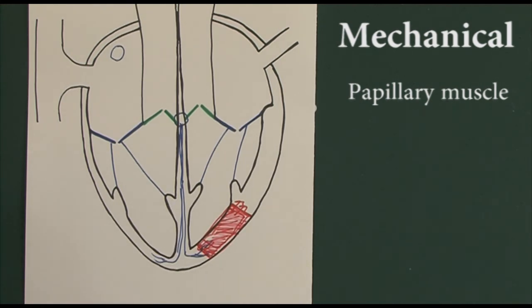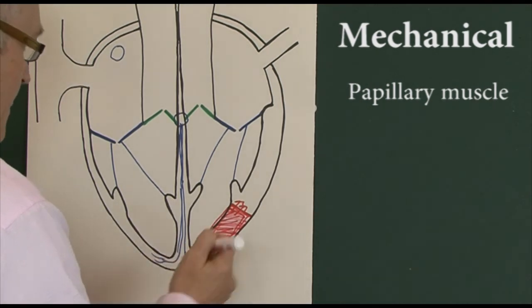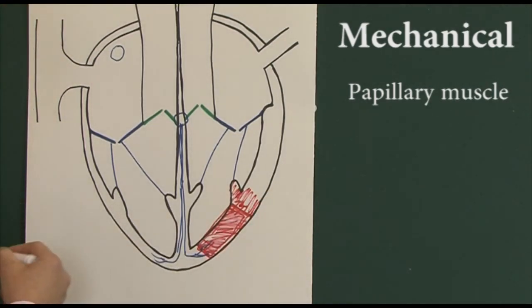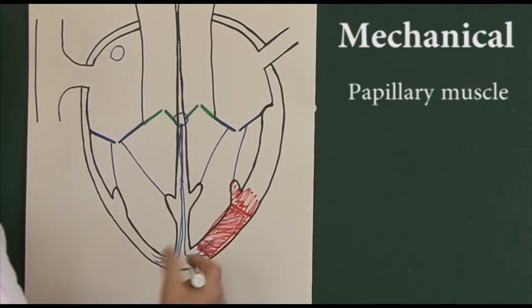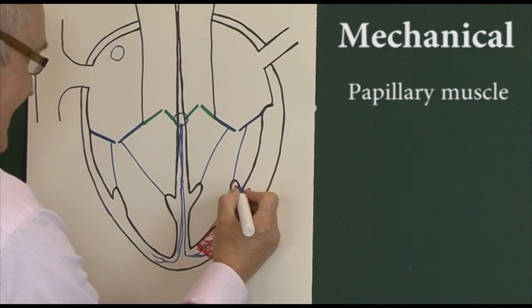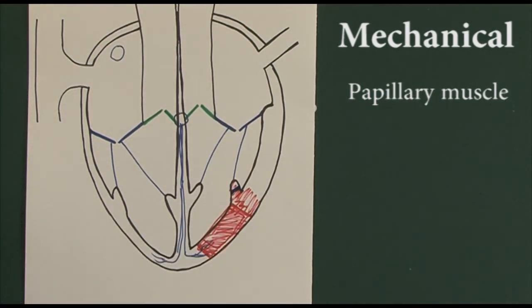If there's an infarct in that muscle, an area of infarcted papillary muscle, there'll be dead tissue here, and the whole muscle can essentially detach. There can be a rupture of a papillary muscle. And this means that this tendinous cord will not be working.